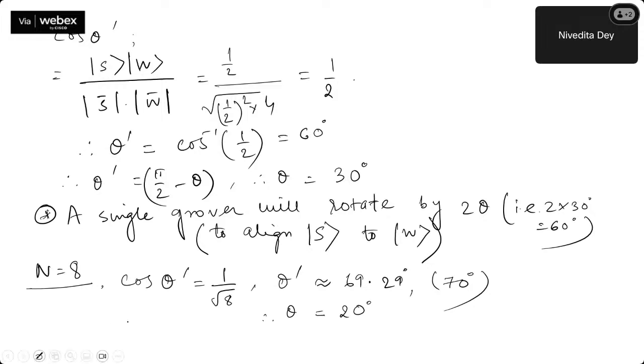That means a single rotation will be 2 into 20 degree, which is 40 degree. Likewise, it will keep on rotating. So often by keeping on rotating, we might exceed the marked state. This is what I'm telling. So my rotation is not really very much fixed.